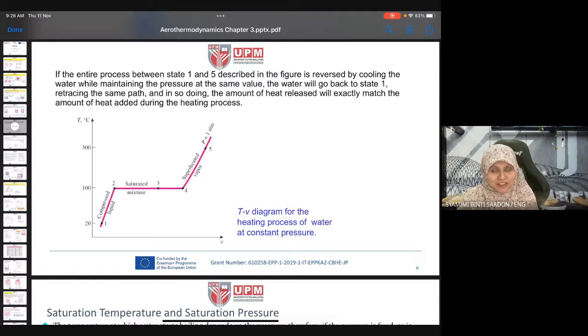In the first week of the class, I introduced this definition. So maybe I can ask someone the definition of constant pressure. Amirul Akmal, are you there? Yes, Doctor. Okay, constant pressure, what is the name of constant pressure?